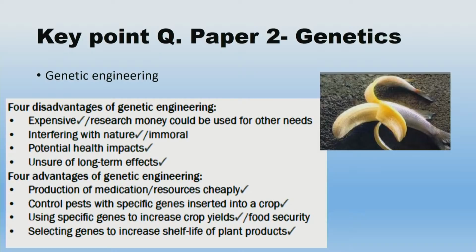Sometimes it's a very common question and a common answer, but then the learners lose marks because their wording or the approach to the answer is totally wrong. So be sensitive on that. So from my side, on key points on paper 2, on genetics and DNA, that concludes this.